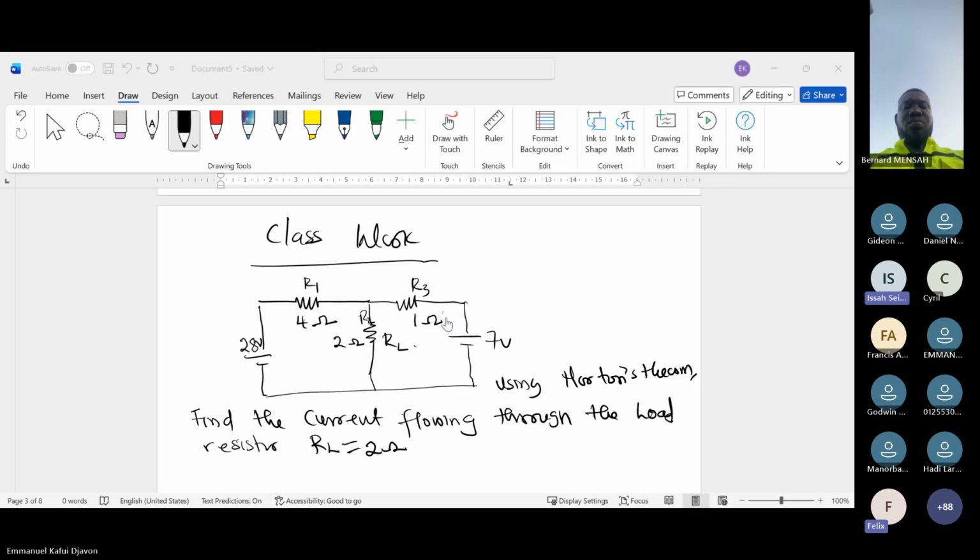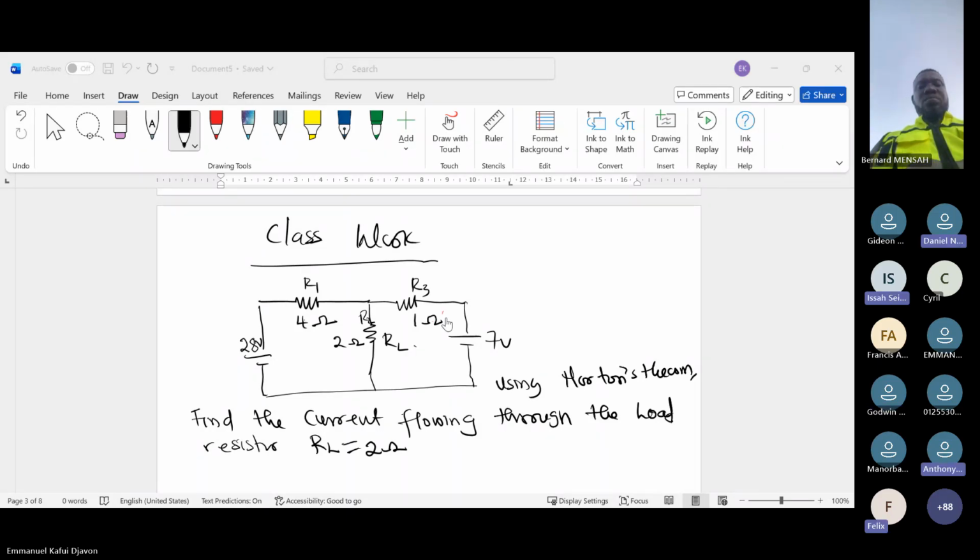V is equal to 2 times 0.8. No, that is when you are finding the total resistance.